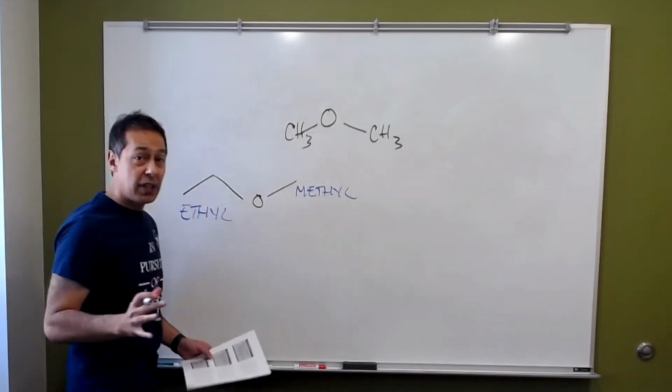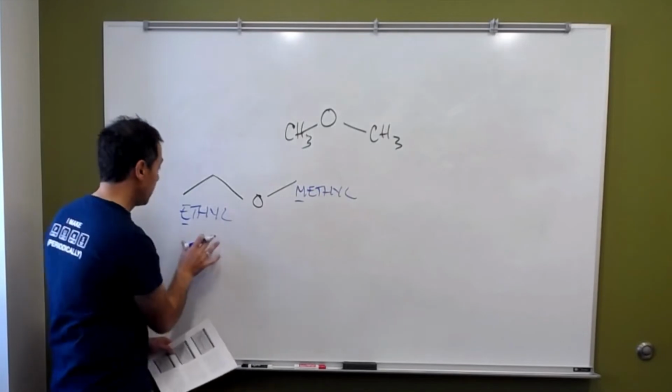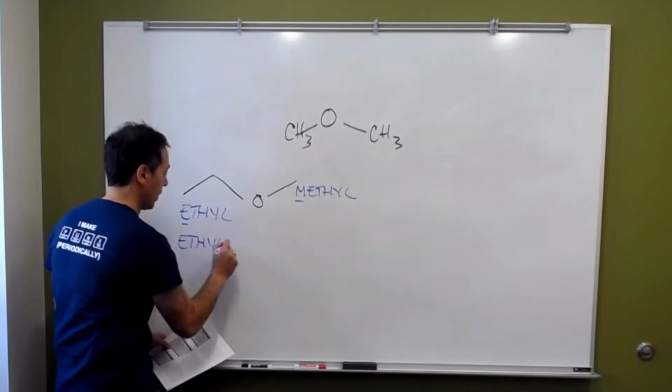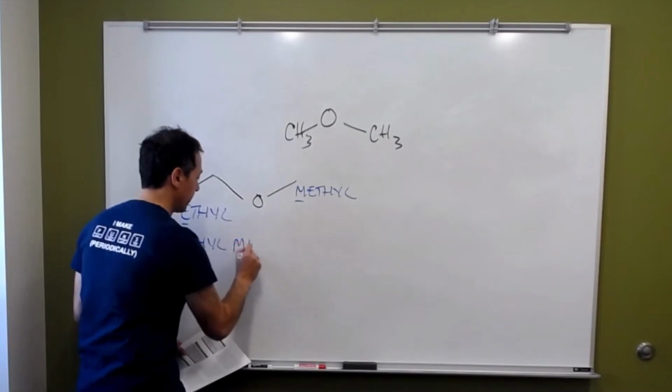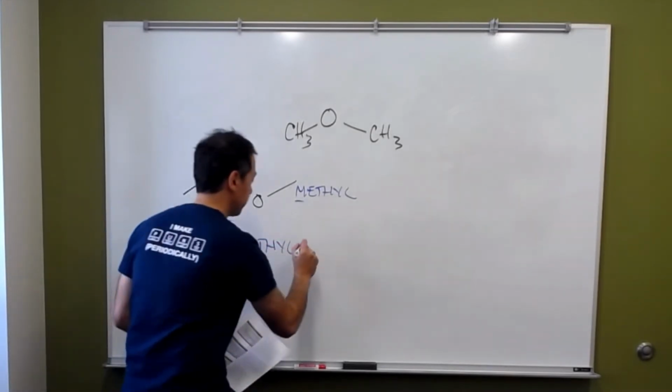And we would name these in alphabetical order. So we go E comes before M, so this becomes ethyl, methyl, ether.